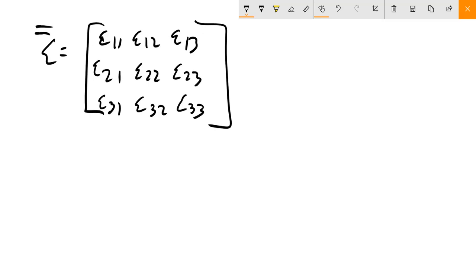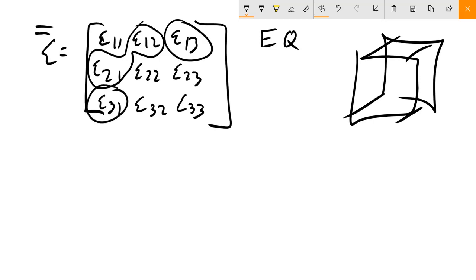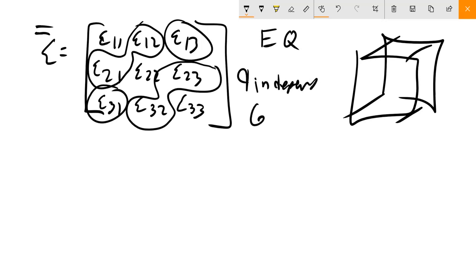Now, same idea, if we're in equilibrium, our representative volume element, and we don't have any rotation going on, we are going to say that these two are equal to each other, and these two are equal to each other. So we go again from 9 independent components to 6 independent. Make your life a little bit easier.